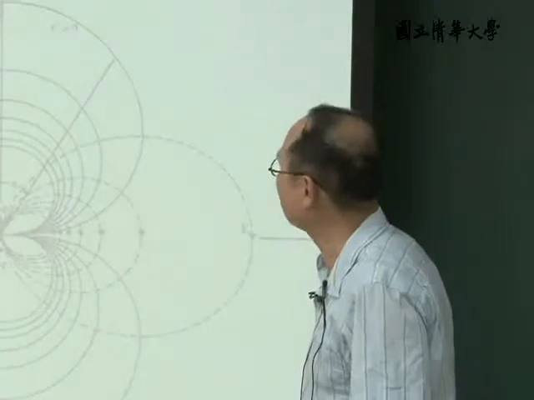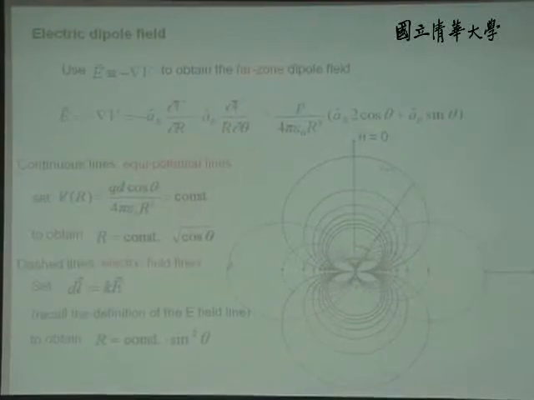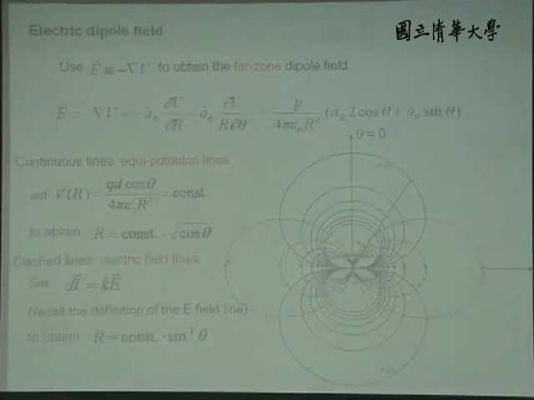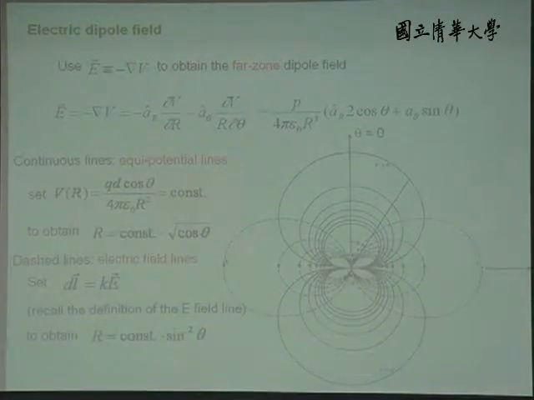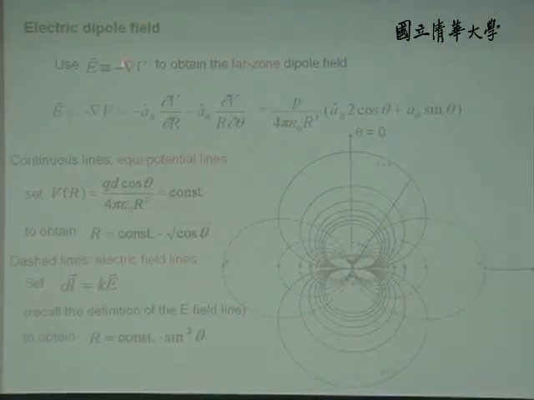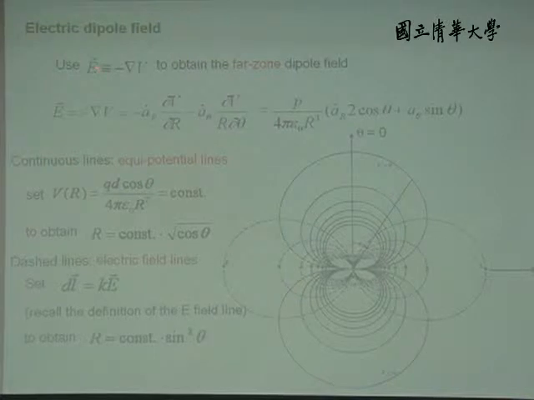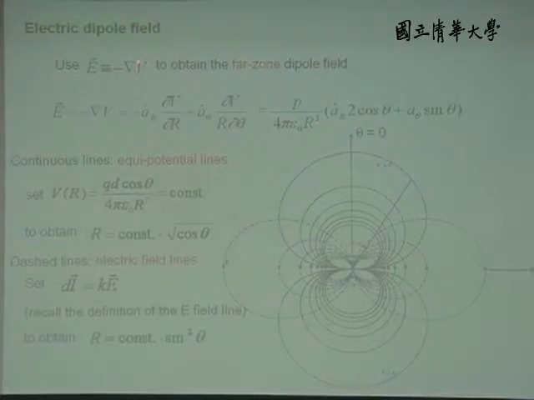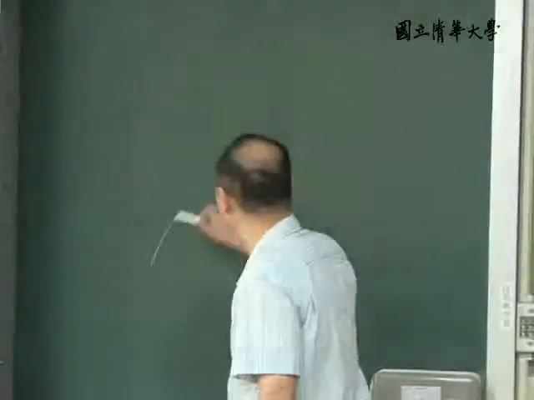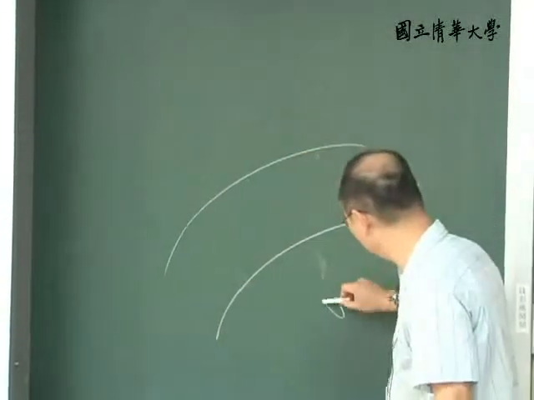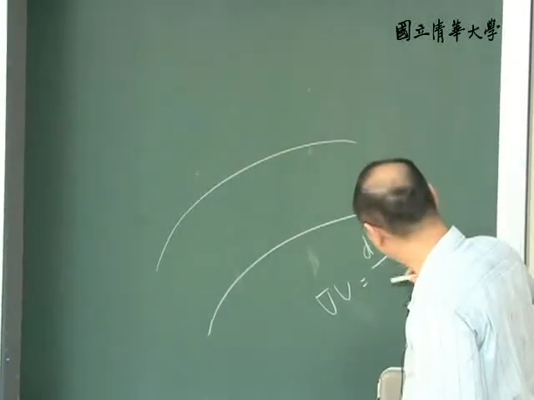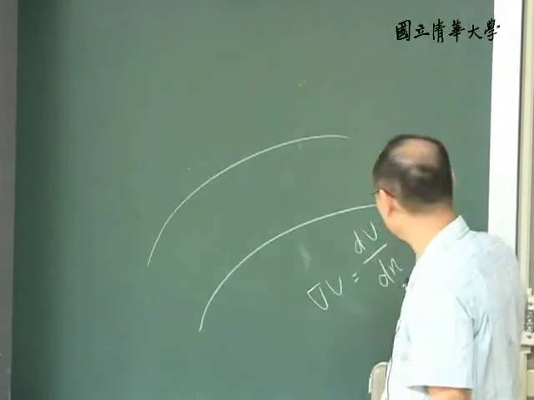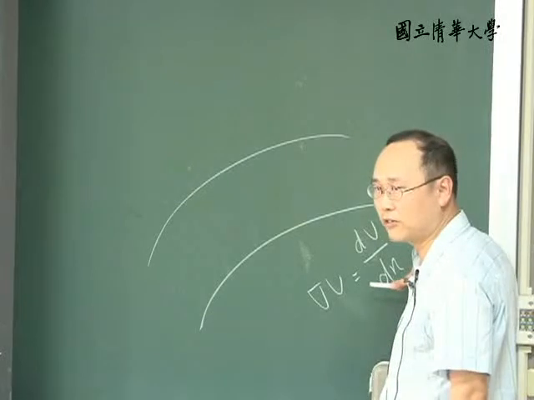Okay, for this operation, if you look at electric field equal to minus gradient of V, think about the definition of this gradient. The definition of this gradient tells you that this electric field has to be perpendicular to the equipotential surface of V. If you remember the definition of gradient of V, this is the derivative of V along the normal direction, and this is along the surface normal direction.